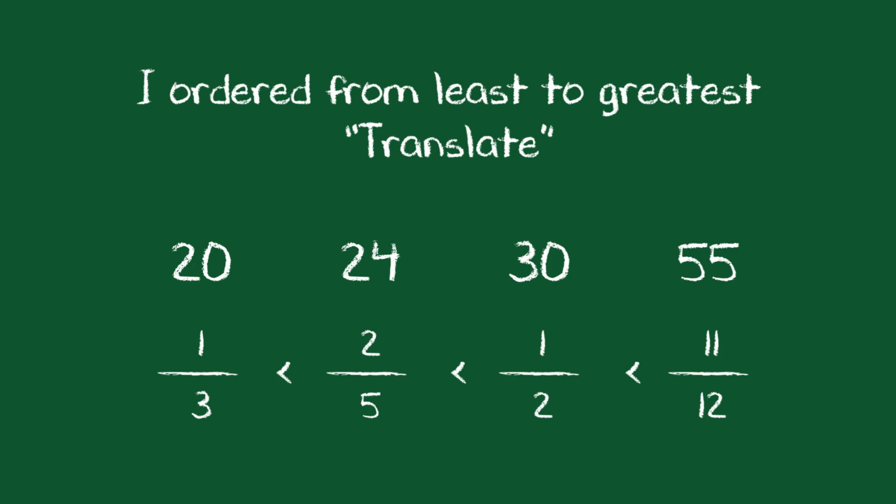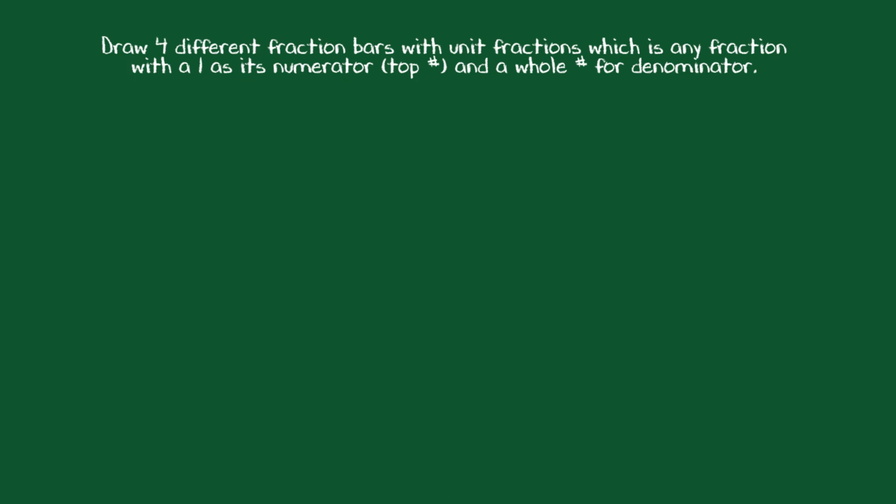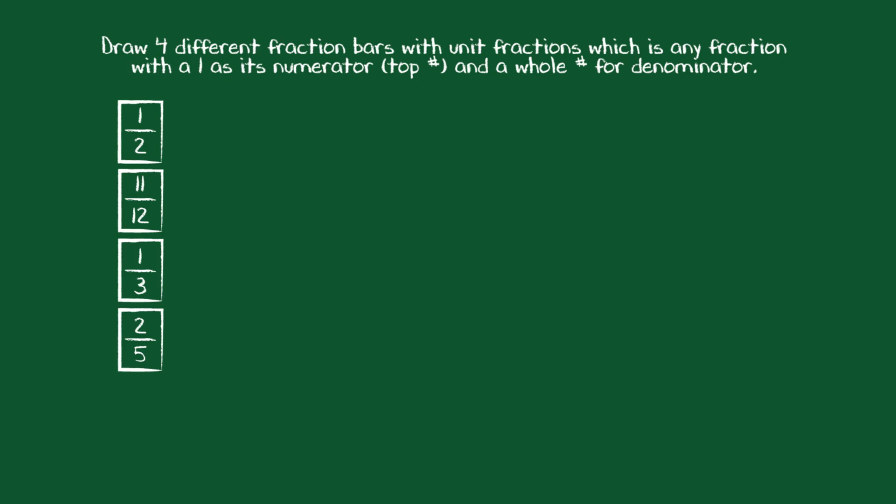Lastly, most of us are visual learners. So what I would like for you to do is take out your supplies: a ruler, a pencil, and colored pencils. Now, because we have 4 different fractions, 1/2, 11/12, 1/3, and 2/5, we need 4 different fraction bars. Draw each of the fraction bars the same length and width.